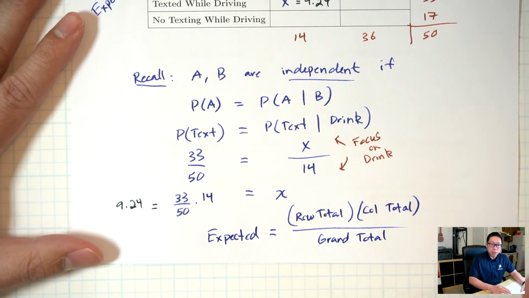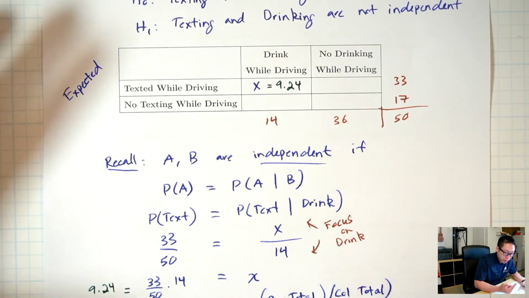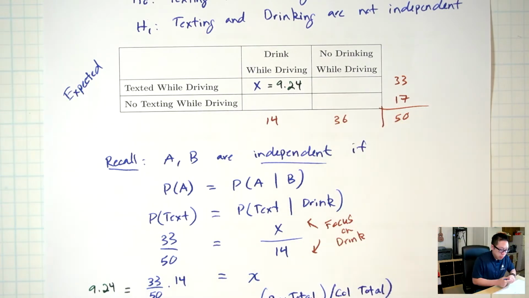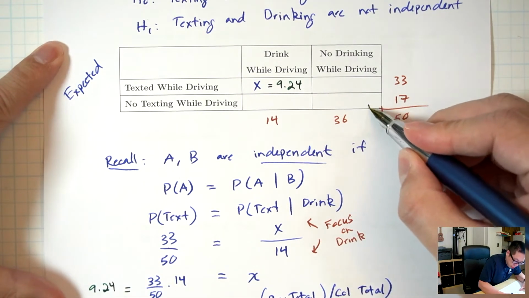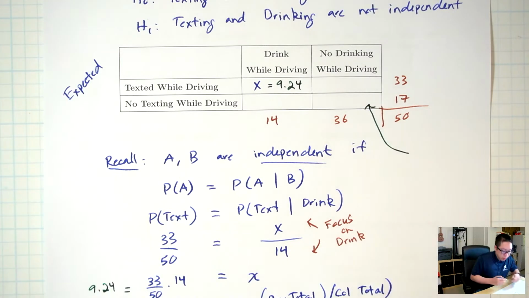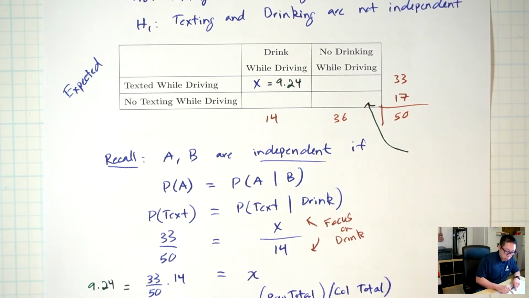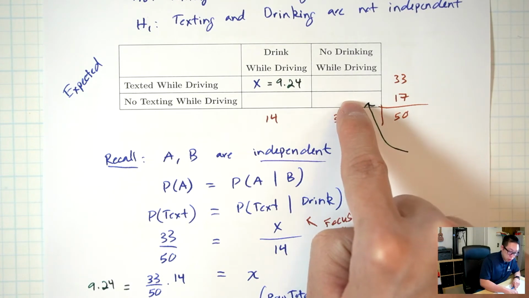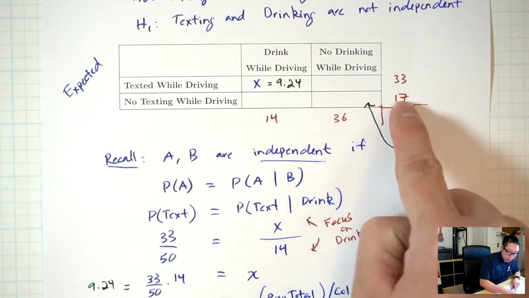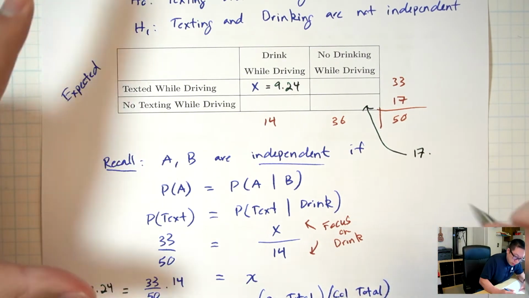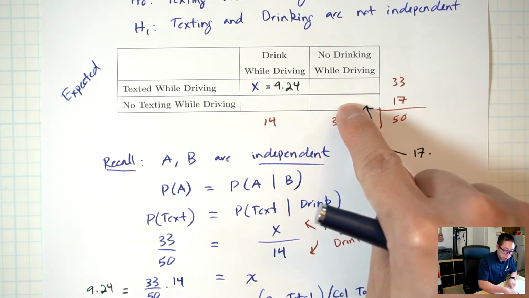Okay, so let's see how we fill in one of these other boxes. Let's fill in the bottom right box. Instead of having to go through the algebra, we can just go row total. The total of the row that contains this box would be 17. The row total, 17, times the column total of this box.